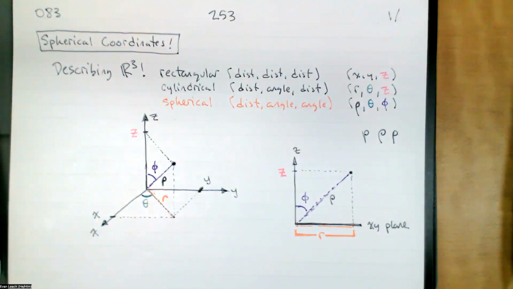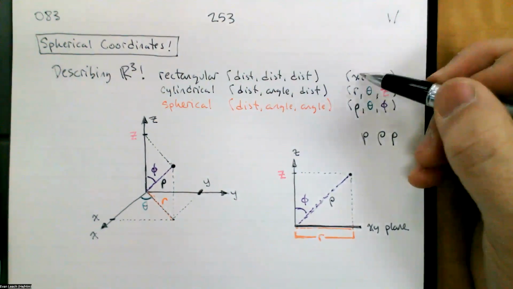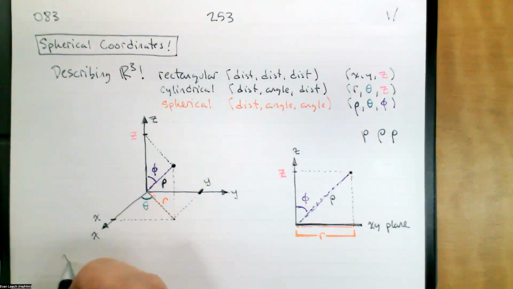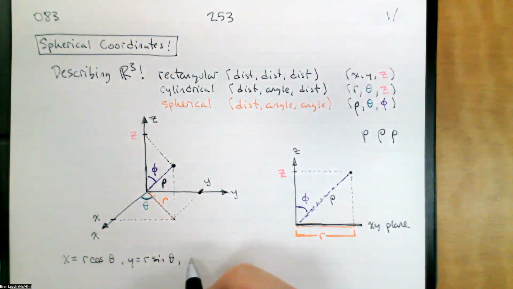So for any value of theta, we can see that rho and r and phi are all related. We know how x, y, r, and theta are related. We know that x is r cosine theta, y is r sine theta, and z is just z.